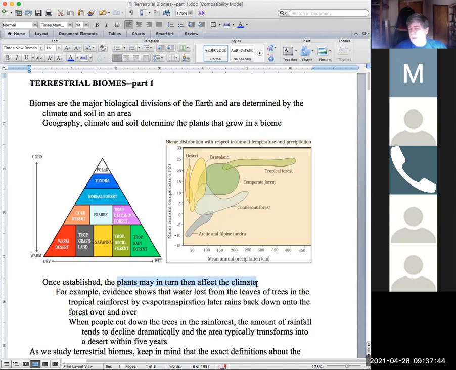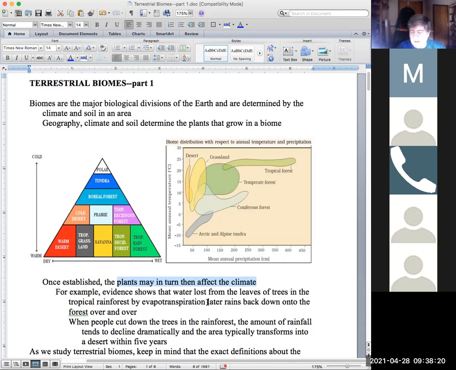So when we look at tropical rainforests, it turns out that the rainforest has a big impact on the climate. Remember that plants lose water by evapotranspiration. This is the water that evaporates out of the stomata in their leaves when they have the stomata open to let carbon dioxide in. In the tropical rainforest, we have kind of a roof of trees that covers most of the rainforest.